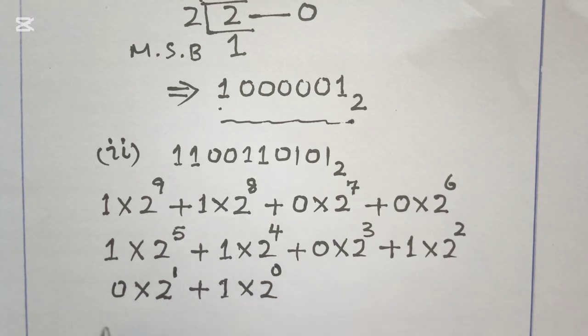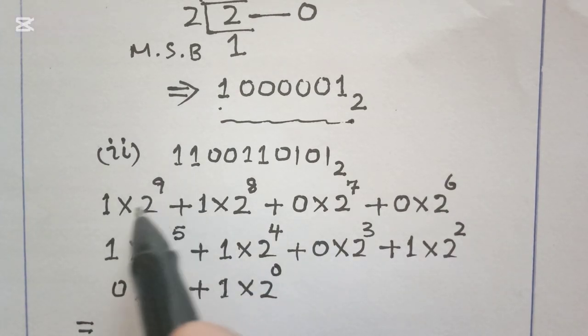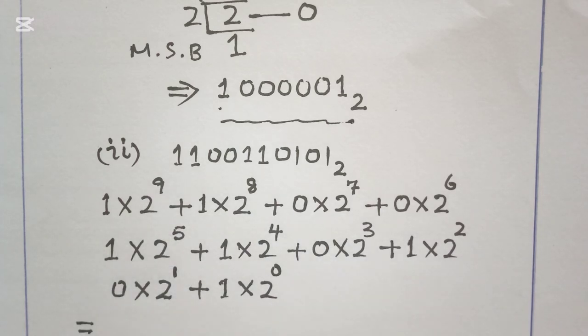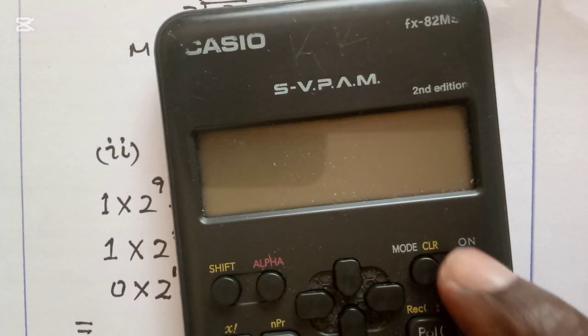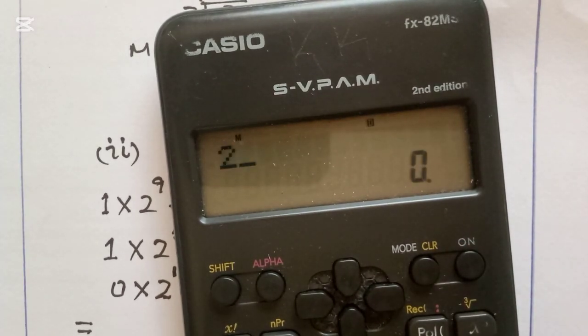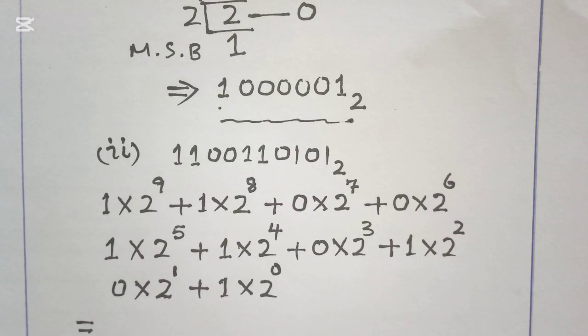And so let's now look at that. For this one we are going to get 2 raised to 9. So let's calculate that and see what we get. The first one will be 2 raised to 9, which gives us 512. So we write 512 there.